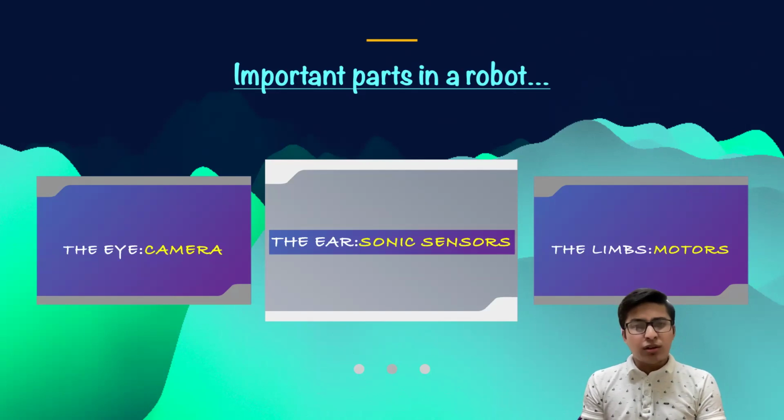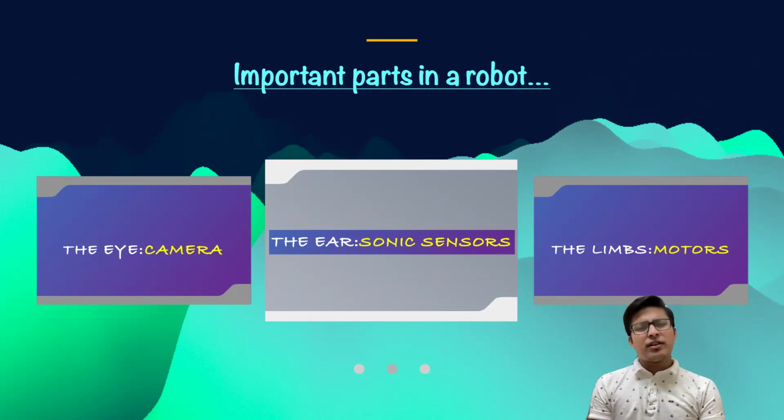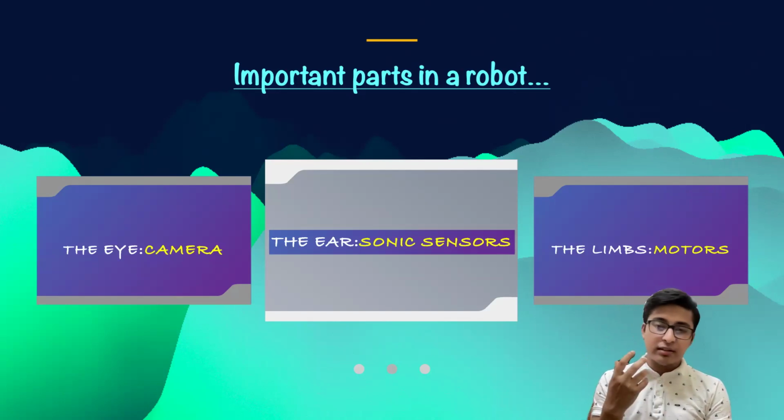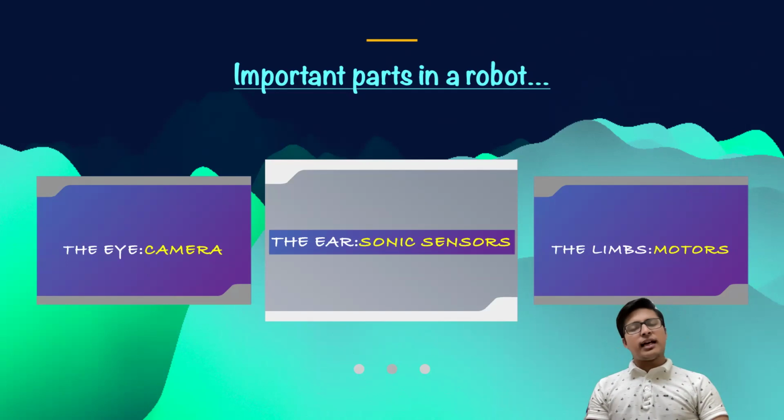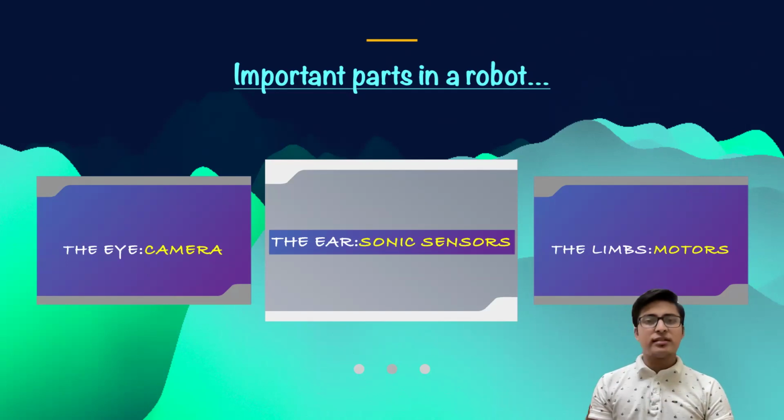The limbs, the motors, basically the motors. Why have I written the motors? There are the motors, the wheels, which help a robot to move, basically. If it is a walking robot, the legs, the actual limbs, the legs or the arms, help it to walk, right? If it is a car type of robot, which I will be showing you some pictures of in the future classes, definitely, then the wheels are the limbs which help in moving.